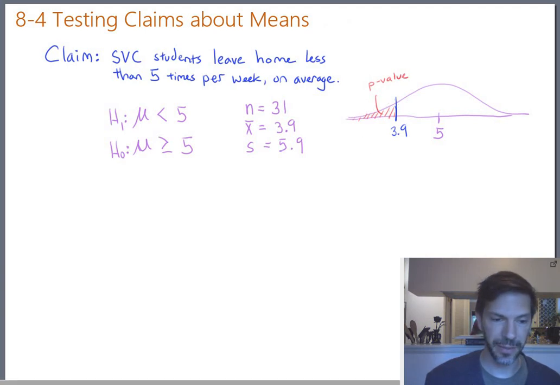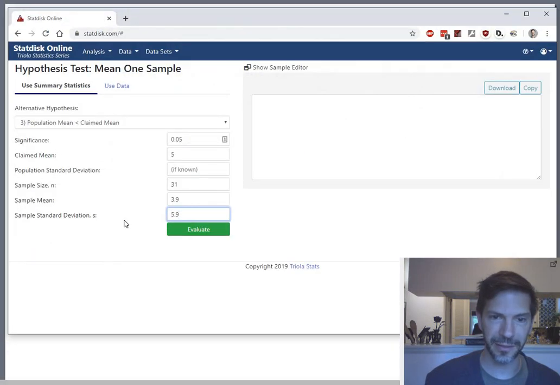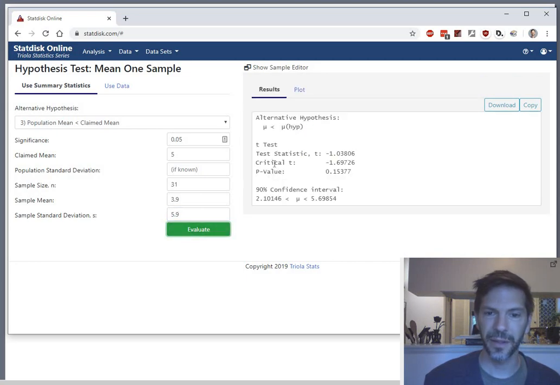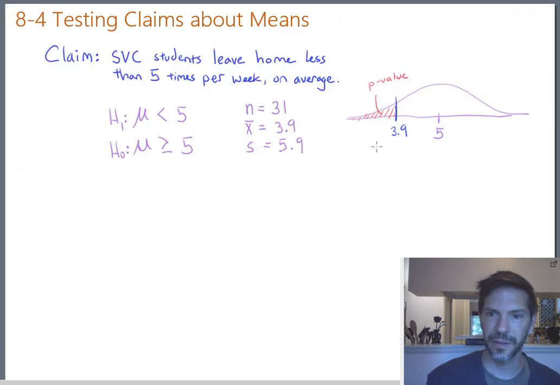Okay, let's see, back to StatDisk. We're ready to punch evaluate. And the important part for us here really is this p-value, which is 0.154.